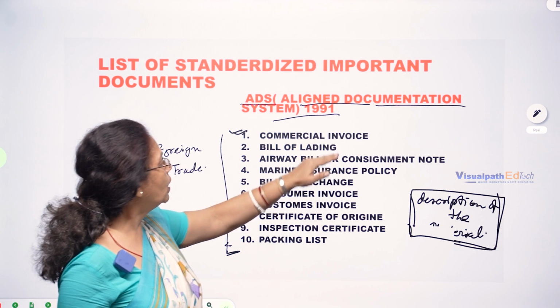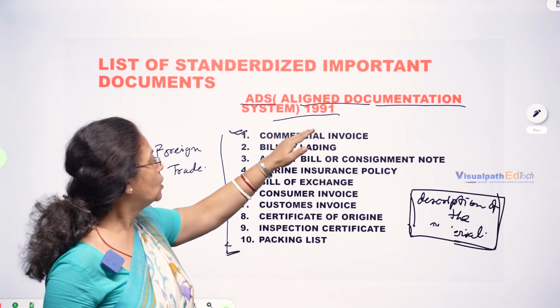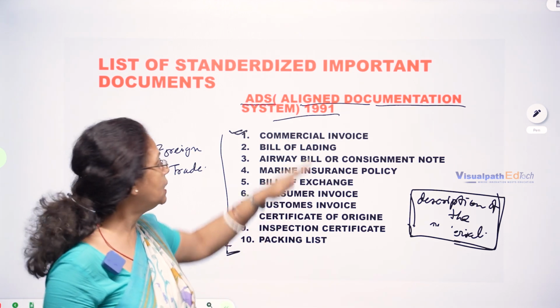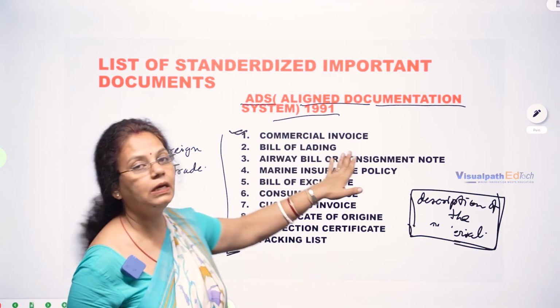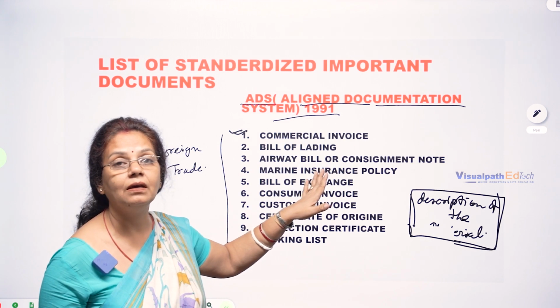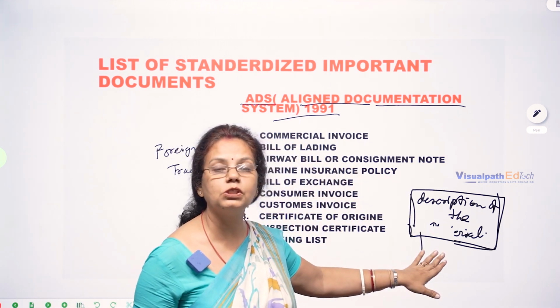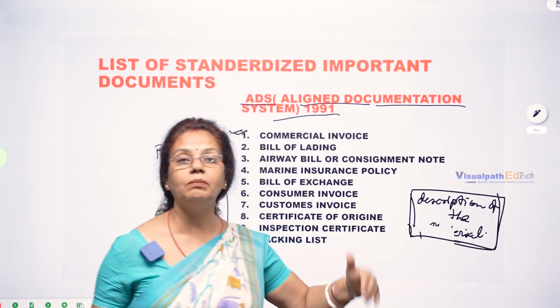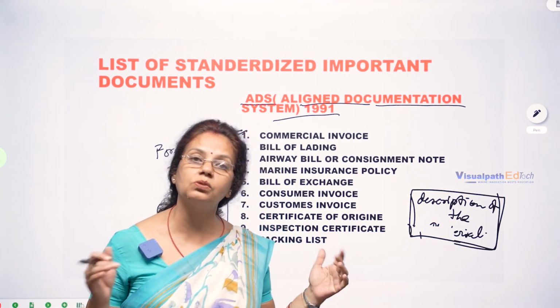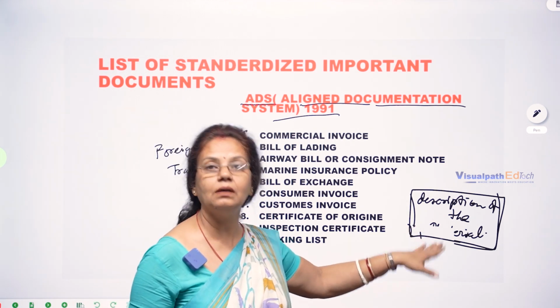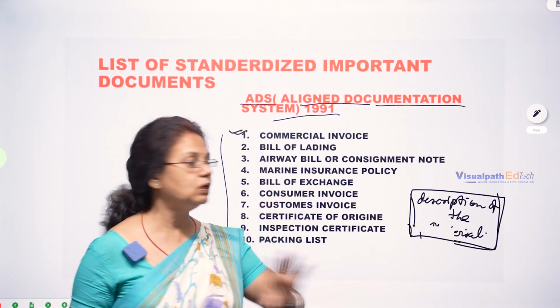One by one, we will study commercial invoice, bill of lading, and airway bill separately. But as an overview, bill of lading: not only the description of the goods, but also the agreement between the two persons is written properly. In an invoice only the quantity and the description of the goods are given.